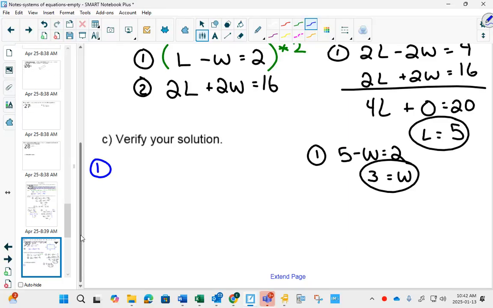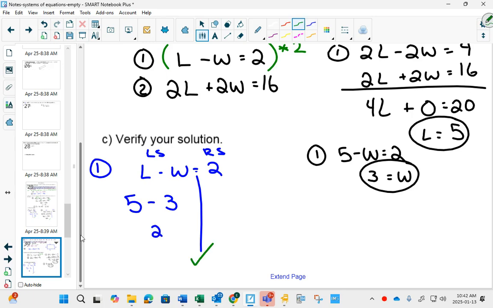If we were officially verifying, we write out our equation, set up our left side, set up our right side, plug in our answers. Equation 1 verifies. Verify equation 2.